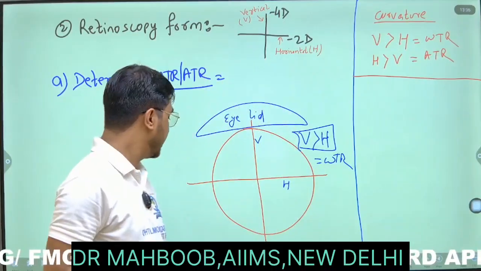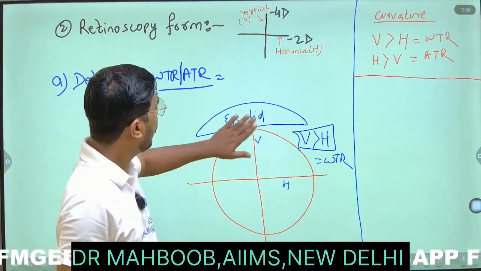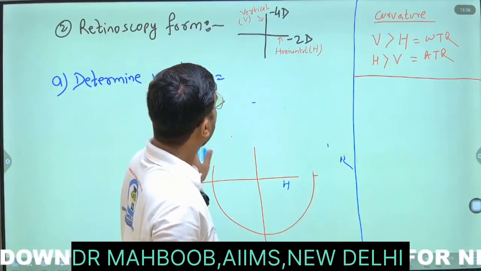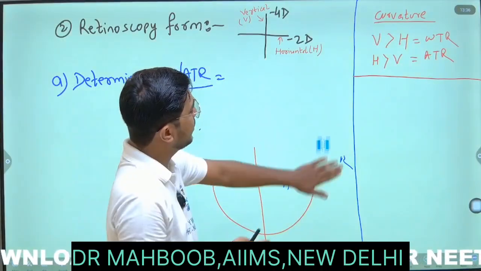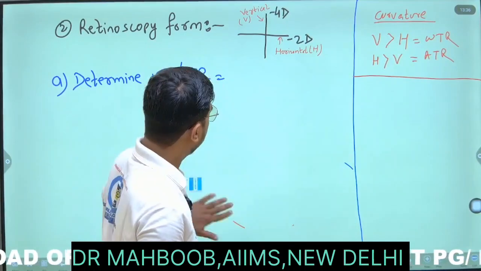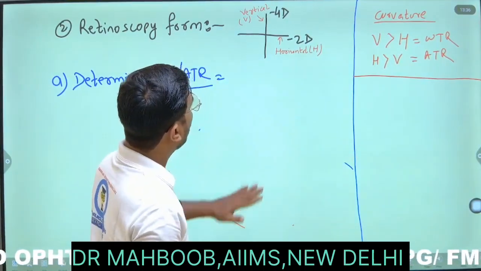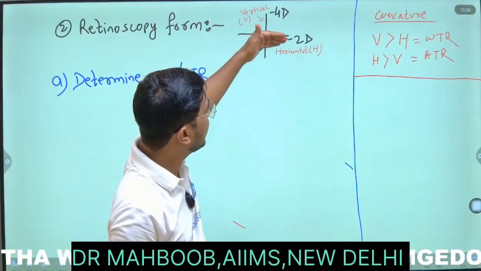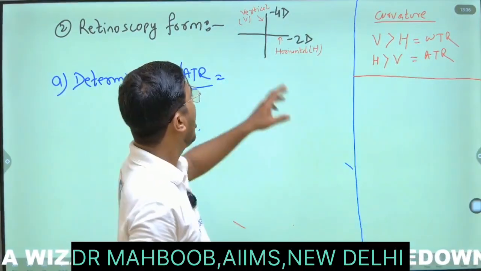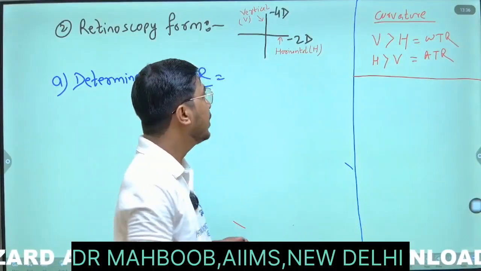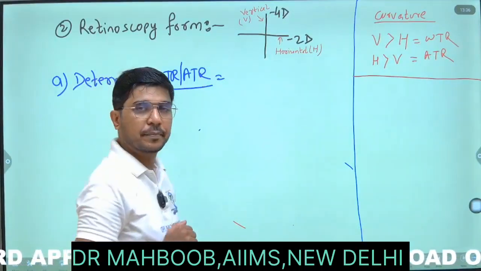Now, second point: suppose you have been given this prescription. How do you determine whether the vertical meridian is more curved than the horizontal meridian, or the horizontal meridian is more curved than the vertical meridian? You will be given this power only.